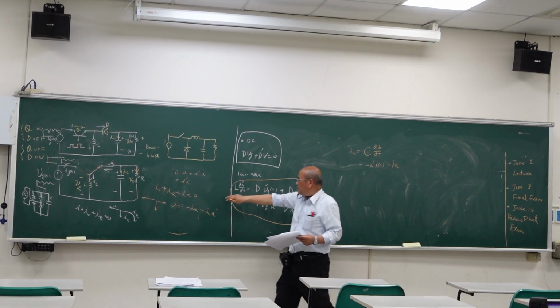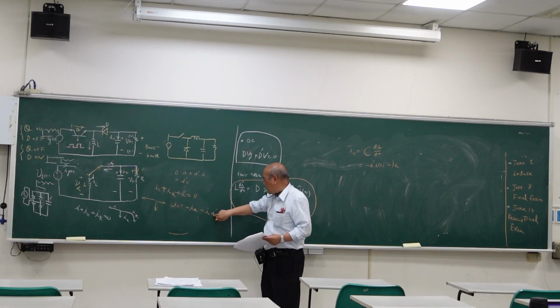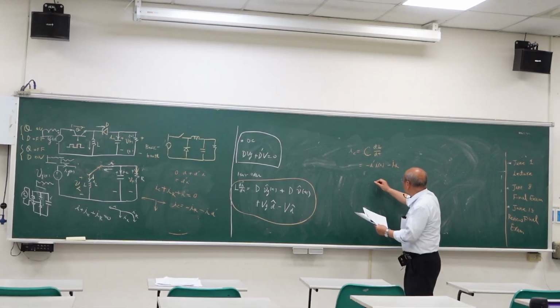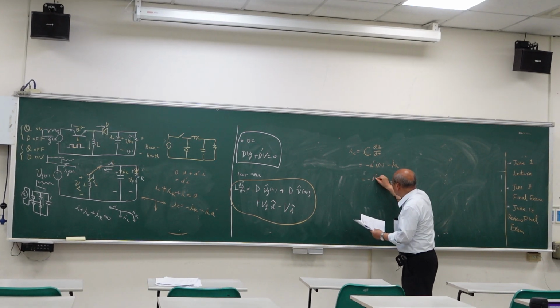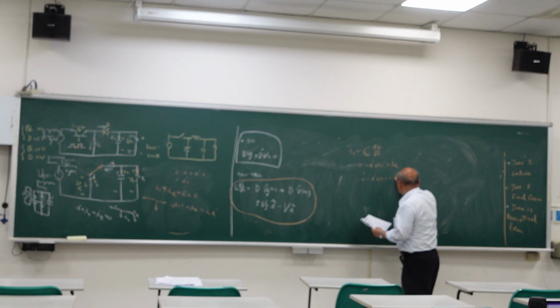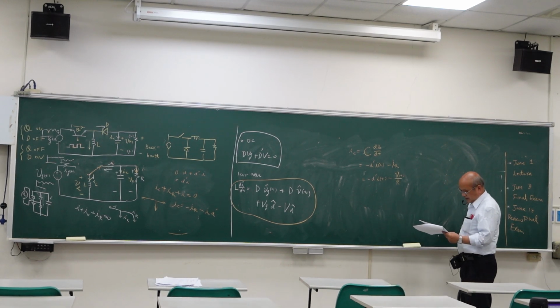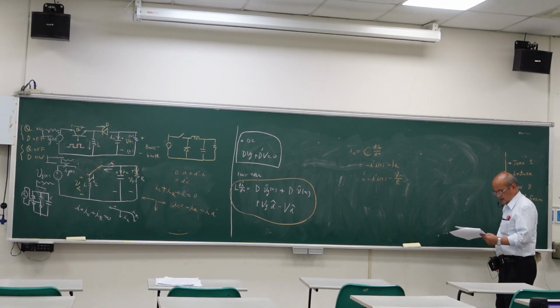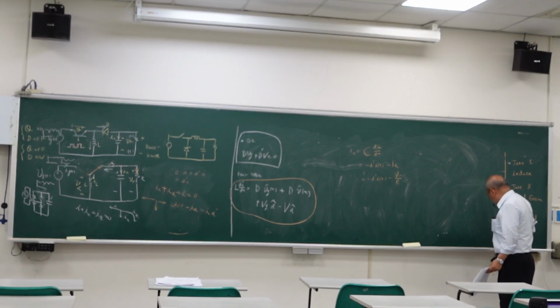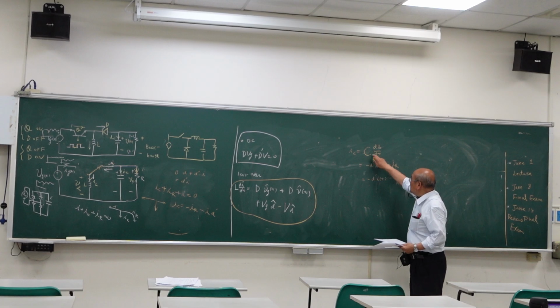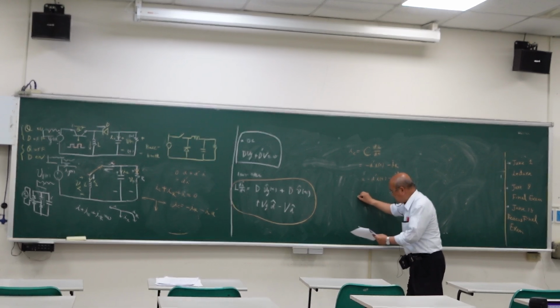So you can see minus IR minus D prime I. So we can say this is minus D prime I minus V divided by R, so IR is V divided by R. So then what can we do? Do you remember? This is C dV/dt. So we can write down C dV.